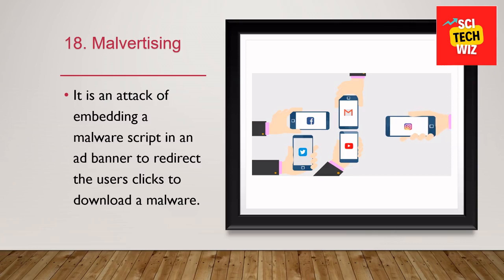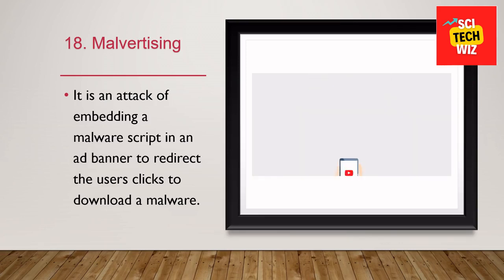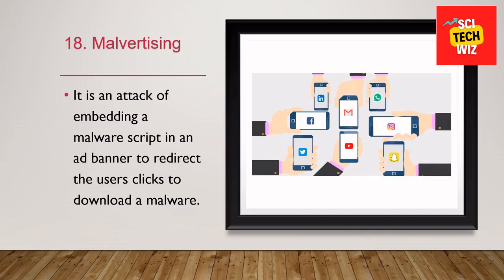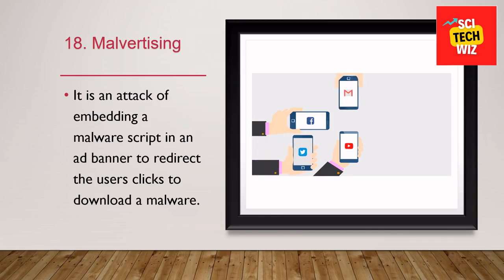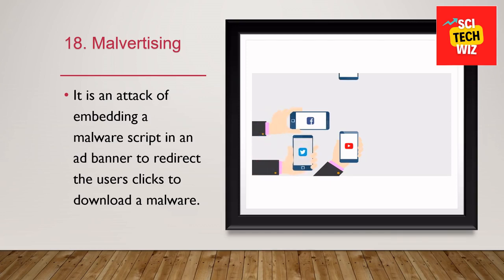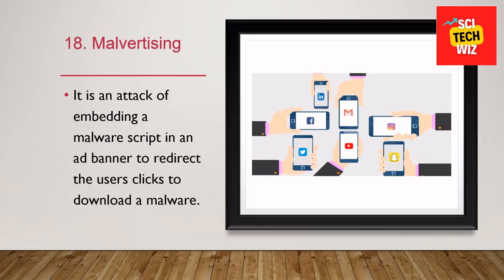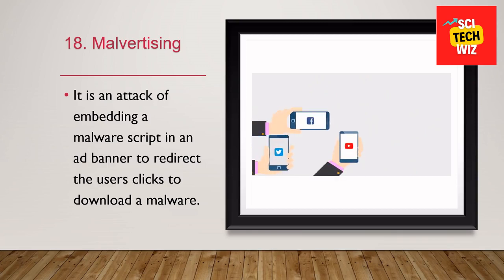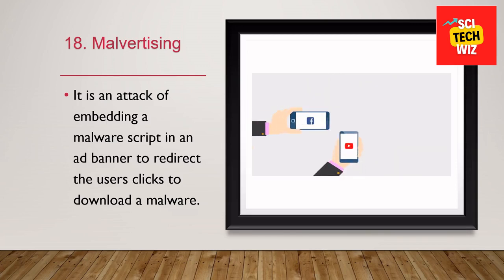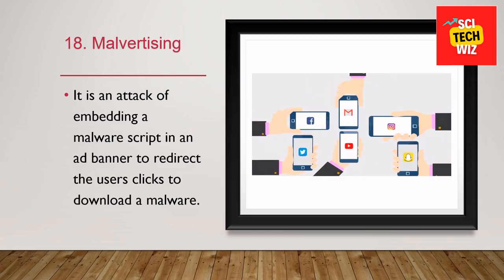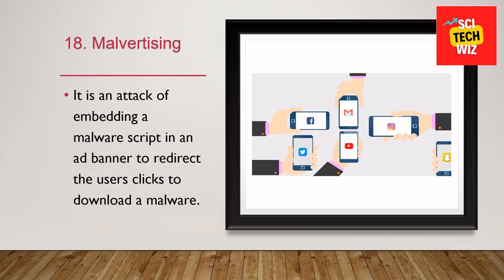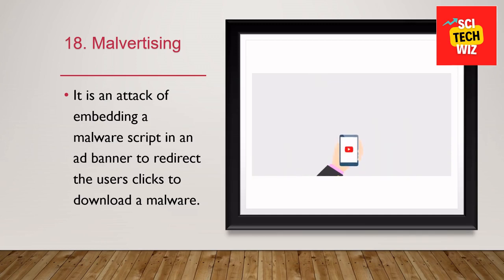Malvertising. Here it's an attack of embedding a malicious script in an ad banner to redirect the user, and once the user clicks, it downloads a malware. For example, you're opening a legitimate website, maybe a news website, you are reading the news, and on that website you see an advertisement about the latest home loans from a reputed company or bank, and you are searching for houses, you want to see the current home loan prices.